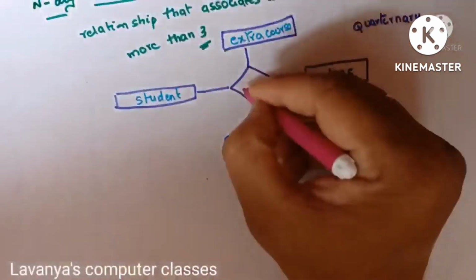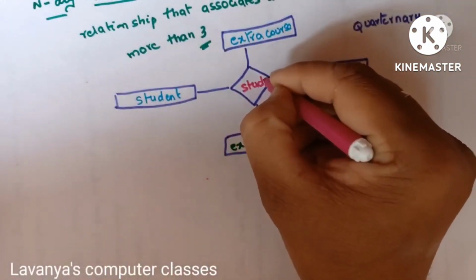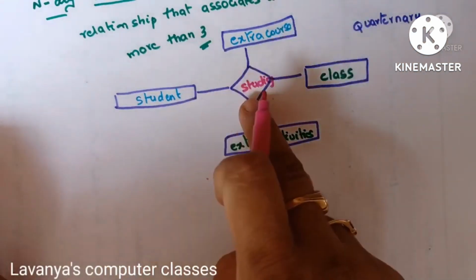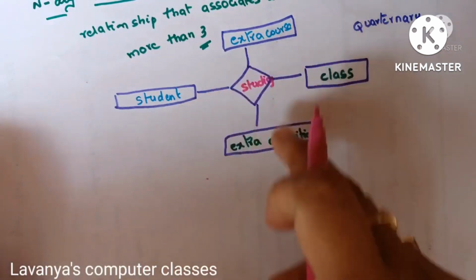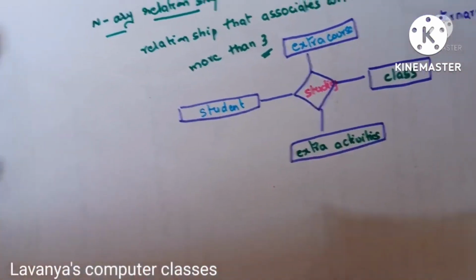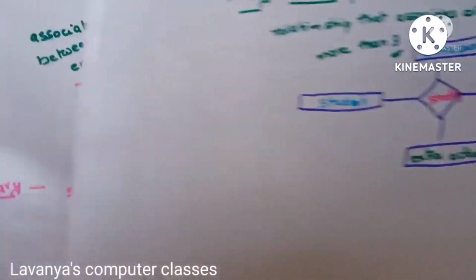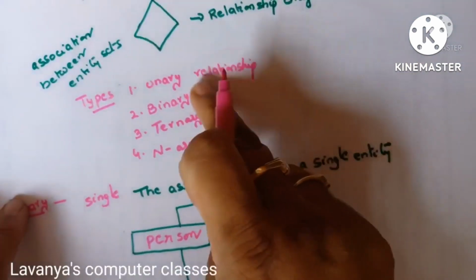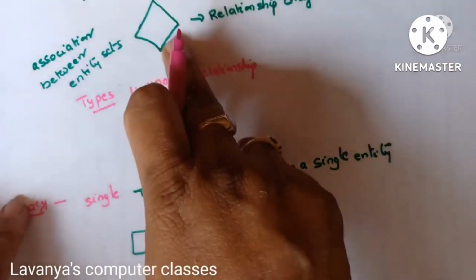So student, what is the relationship? All these things mean studies. Student studies regular classwork, student studies extra courses, student learns some extra activities. So in this relationship, there are 4 entity sets, and all 4 entity sets are related with one relationship. So these are the types of relationships.